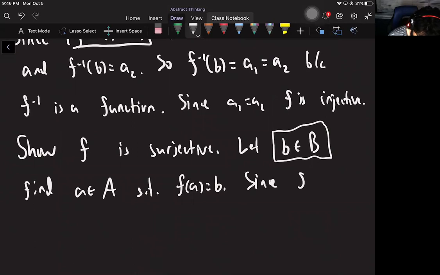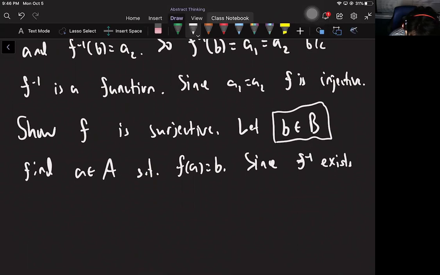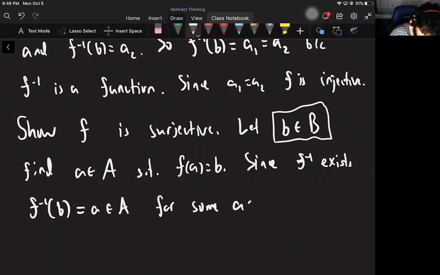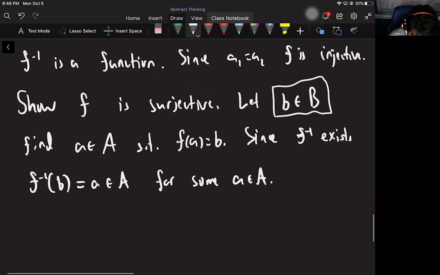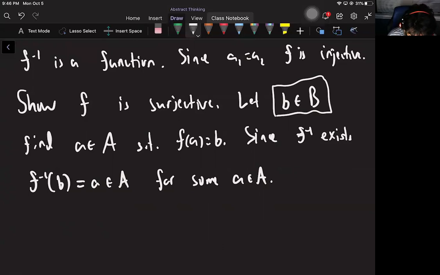So since f inverse exists and it's a function, functions have to send every element somewhere. So that means f inverse of b is a defined thing, and it's some element in A. I don't know which one it is, but it's something. Because f inverse is a function, it has to send b somewhere. So it's got to be something in A.